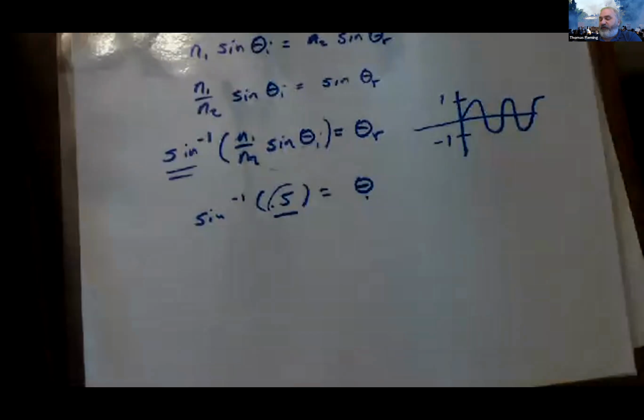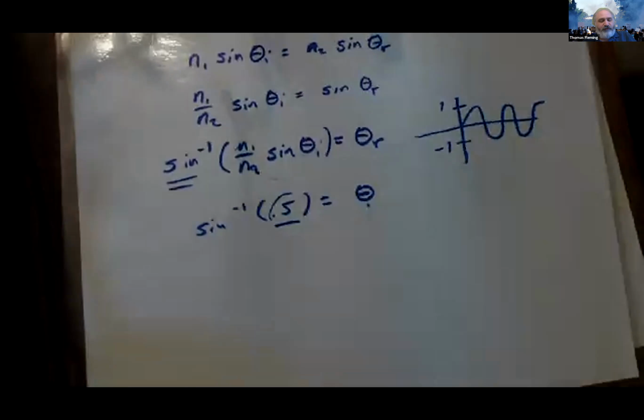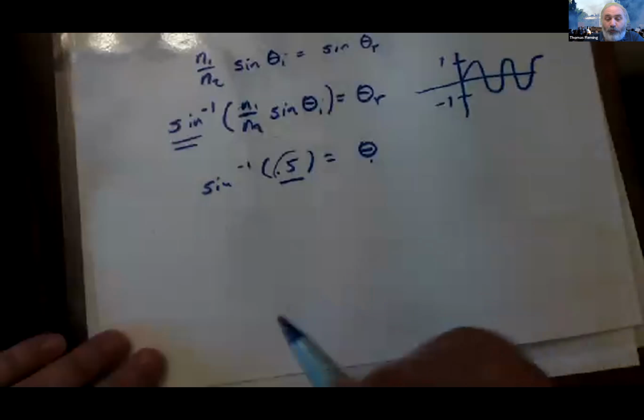So you can sort of see what's going to happen: if you want to find where total internal reflection is going to kick in, you have to figure out what angle of incidence would give me an angle of refraction of exactly 90 degrees, because anything more than that, you're going to have no solution. So that's how we'll solve the problem of total internal reflection.